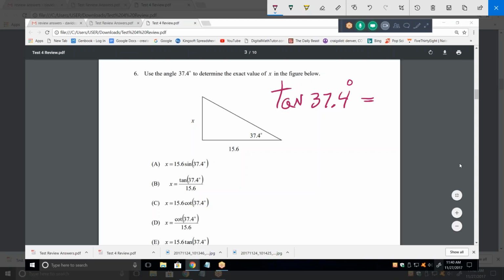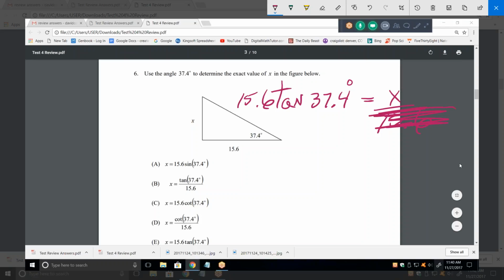So what does that equal to? X over 15.6. Okay, so X is going to be what? Just tangent of 37.4 times 15.6. Which answer is that? A.